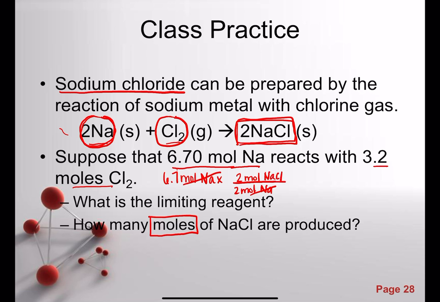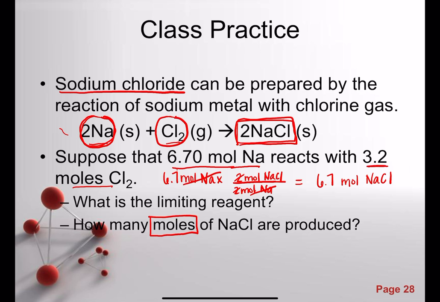Our product is what we're always trying to get to in a limiting reactant calculation. And so you may also see that those 2's are going to cancel out. So 6.7 moles of Na is actually going to also produce 6.7 moles of NaCl. So that deals with the first number that we are given.